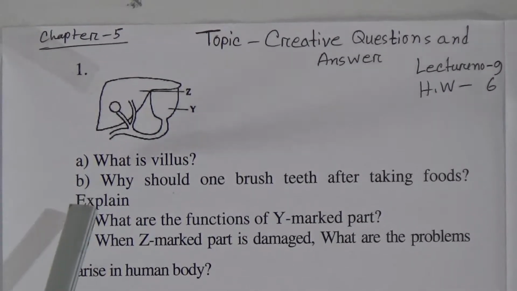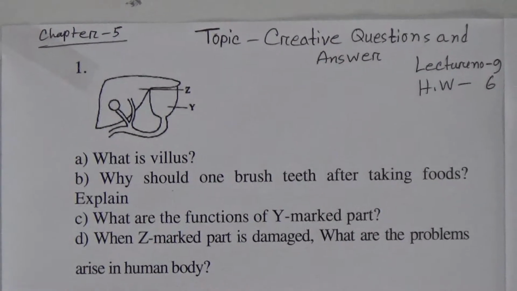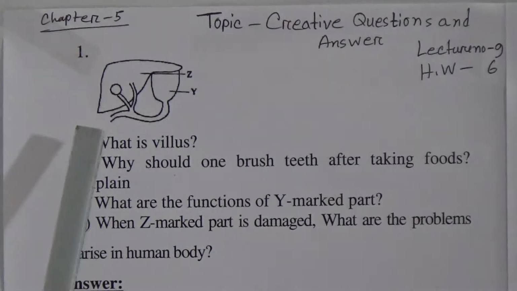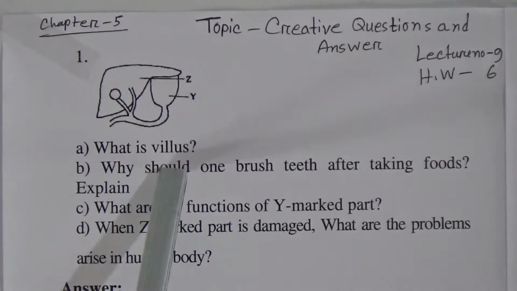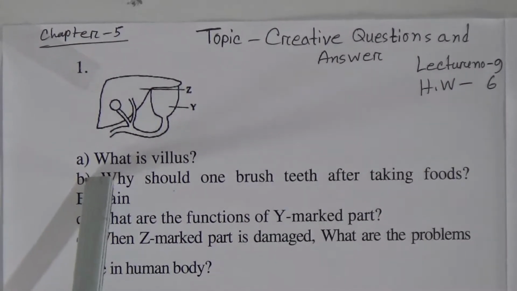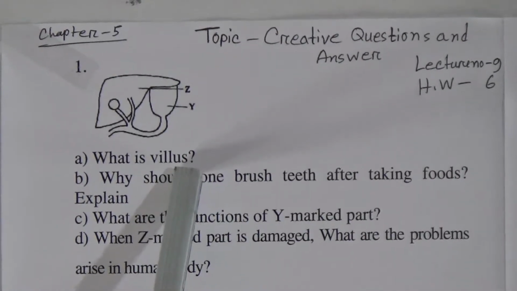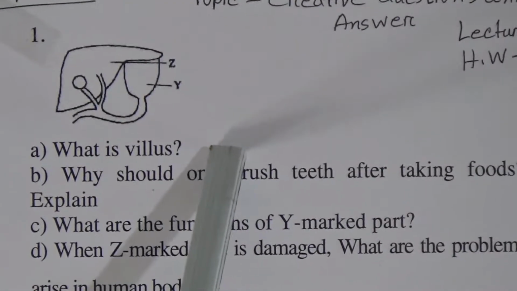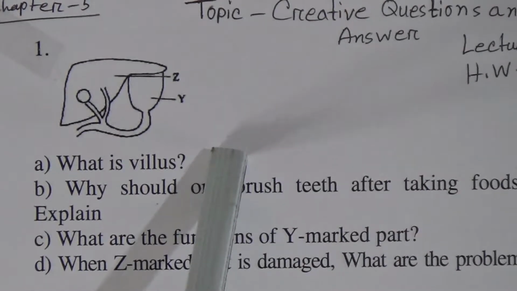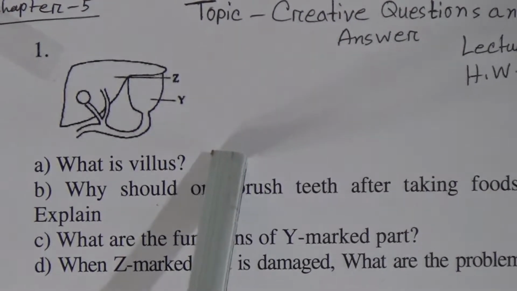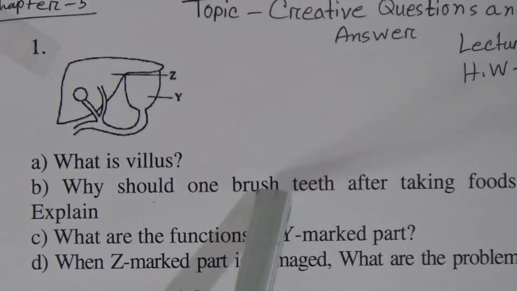A number, I have already discussed the A number question answer, but I will tell this answer again. What is villus? In the inner walls of the ileum, there are finger-like projections in the wall to perform the function of absorption through different processes.